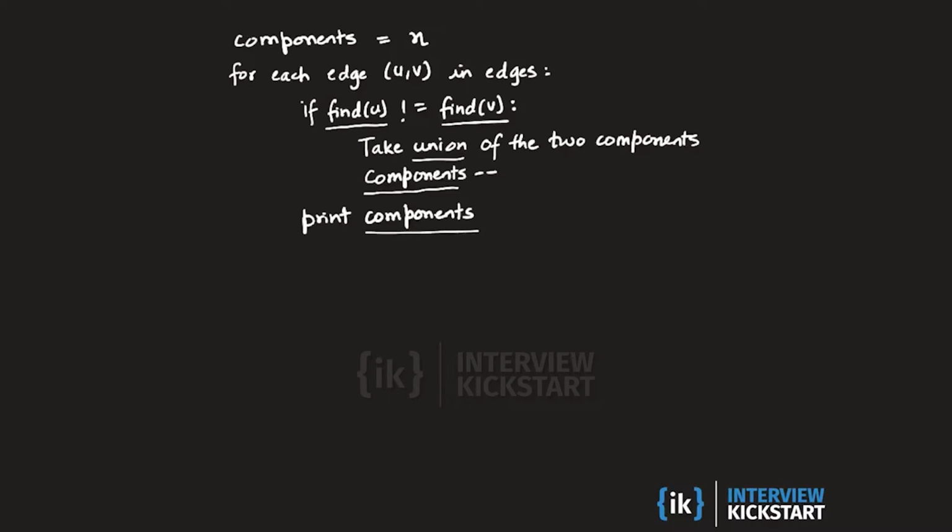So if it turns out that u and v lie in the same component, then we won't implement the union operation. We'll just directly come here and print the same value as before. Otherwise, we'll take the union, decrement the number of components by 1, and print out that decremented value.